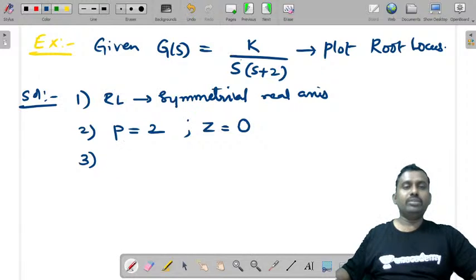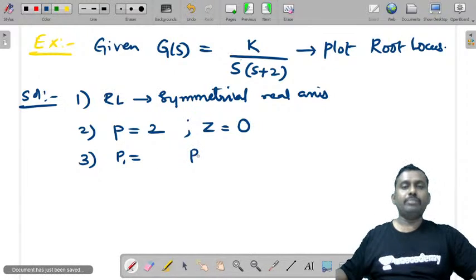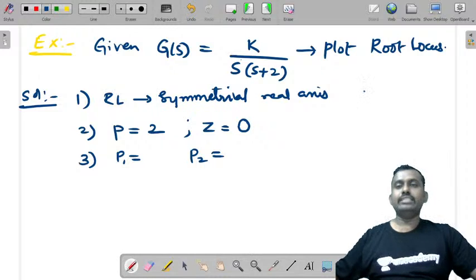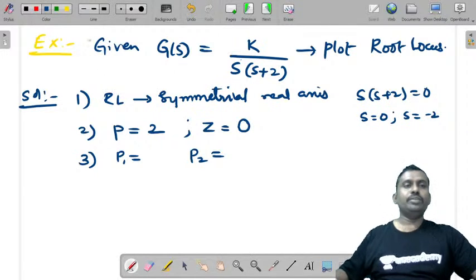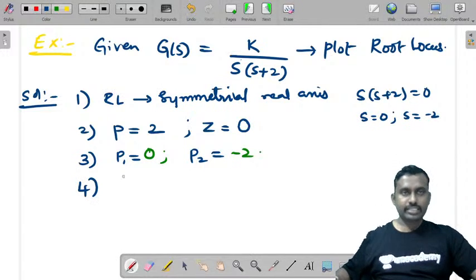Because we have poles, we need to find their location, so I'm trying to find the p1 and p2 values. That is, s into s plus 2 equal to 0, the denominator. So s equal to 0 is one pole, and s equal to minus 2 is the other pole. This is how you find the location of poles and zeros.